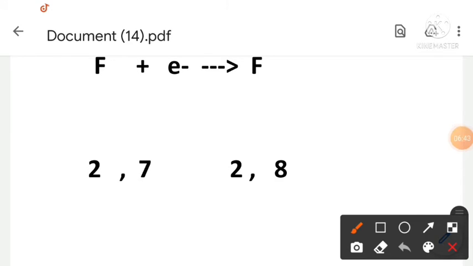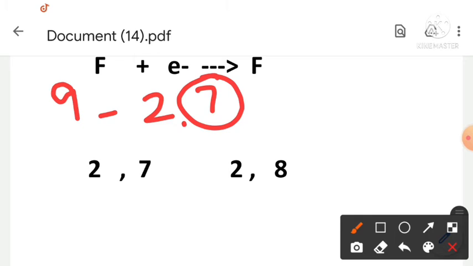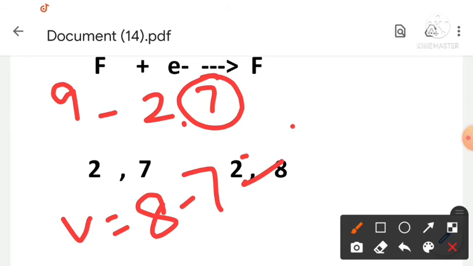Now we see fluorine. We know that Z of fluorine is 9, so we write the electronic configuration 2 7. Here 7 is the valence electron, so using the octet rule we derive valency, 8 minus 7 is equal to 1. So fluorine gains only 1 electron from the outermost shell of any element.